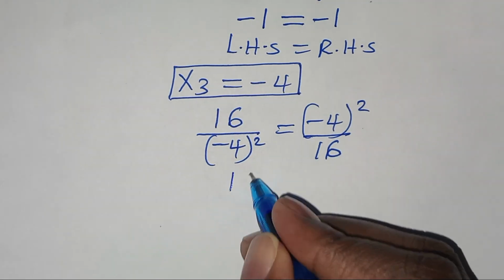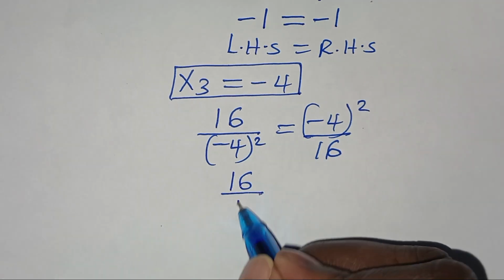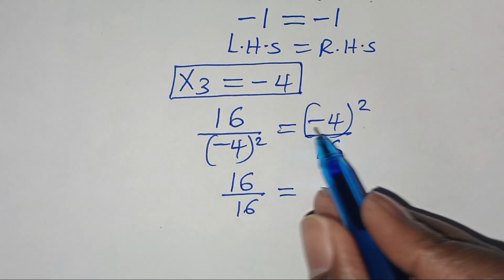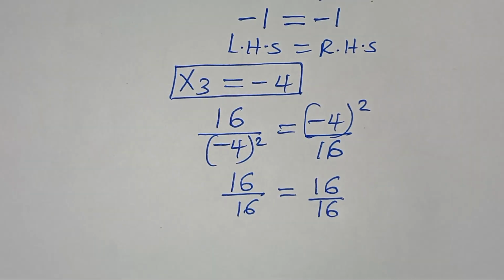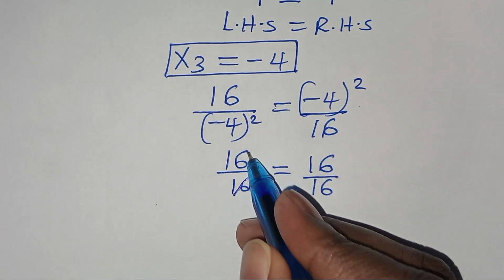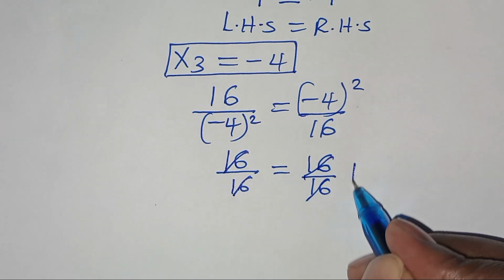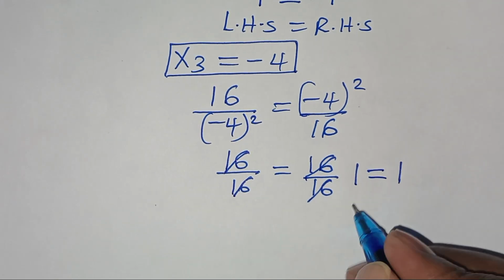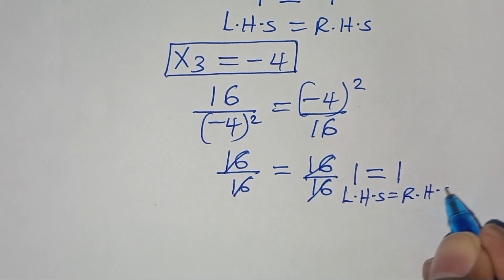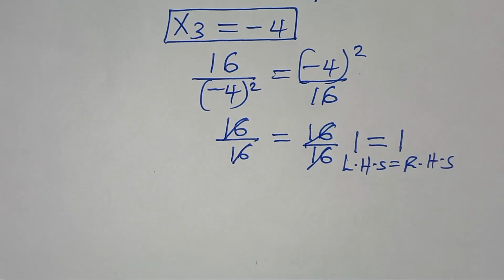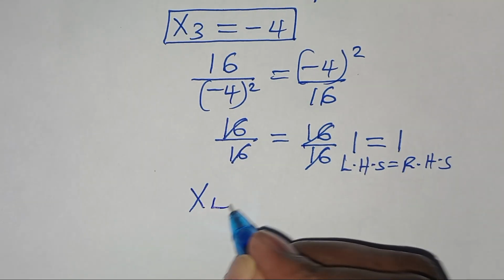So this is 16 over negative 4 squared, this is 16, which is equal to minus 4 squared, which is 16 as well, divided by 16. So if you simplify here, this is actually 1, which is equal to 1. So the left hand side is equal to the right hand side. And this proves that x3 satisfies the equation.